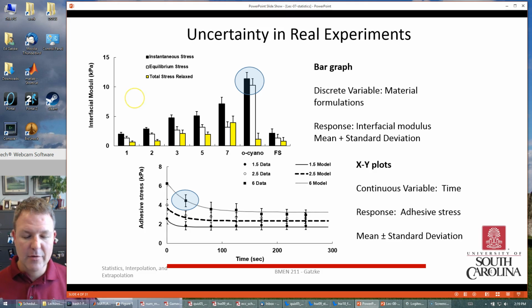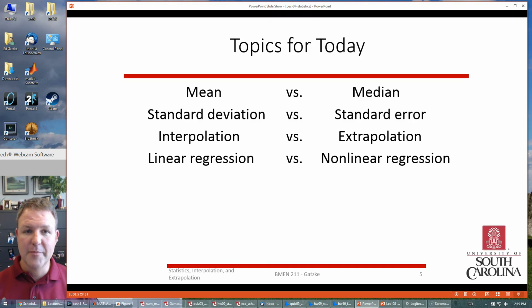If we have a time response, you can look at something as a function of time, and at each point in time you may do 5 or 10 experiments. You have uncertainty to represent how uncertain the data points at that point in time are. If there are large error bars and they overlap a lot, it may not be a very interesting response because you can't tell from one group of data to another group of data that they're significantly different.